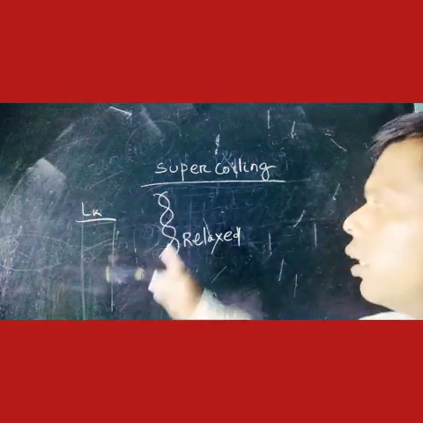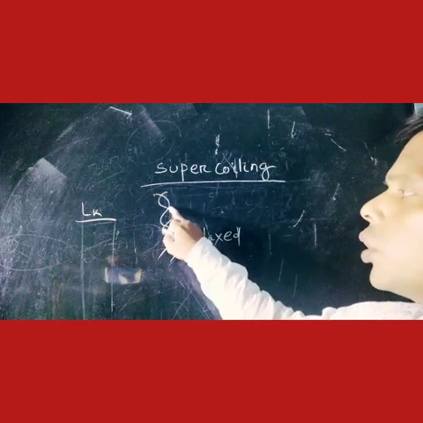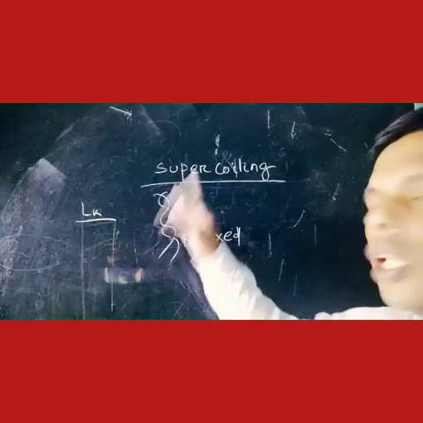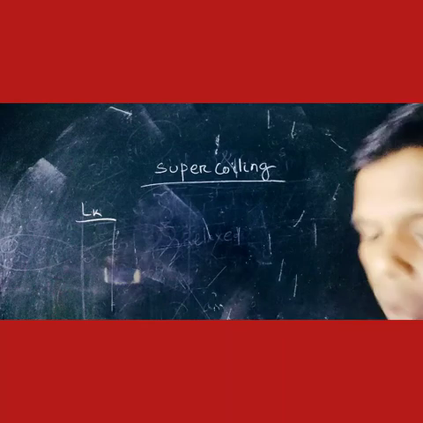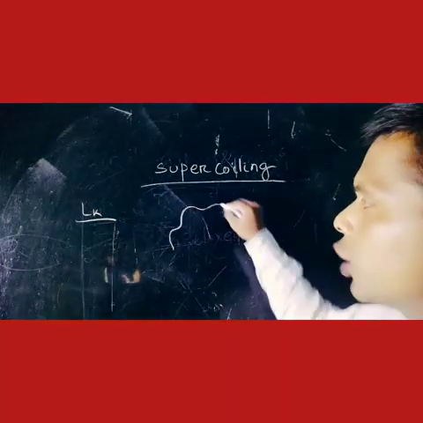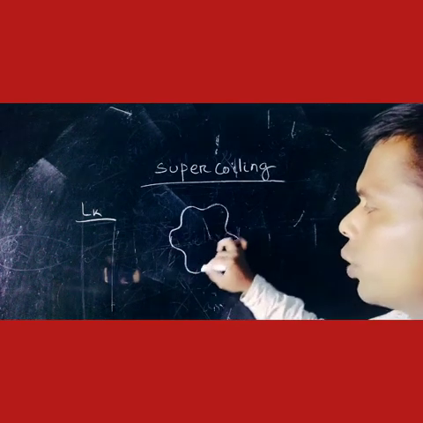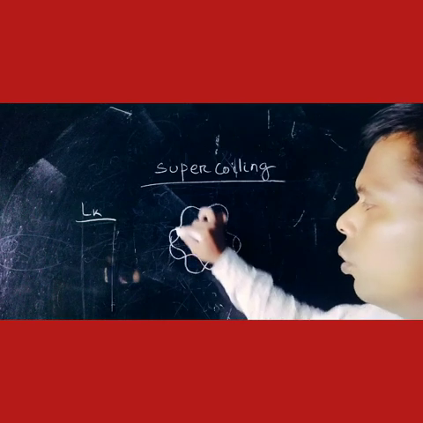Linking number deals with the number of cuts required to separate one strand from the other completely. Let's say this is the relaxed form. Suppose this is one circular DNA. In DNA, we have studied two strands coiled around each other.